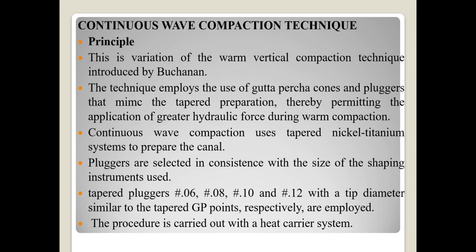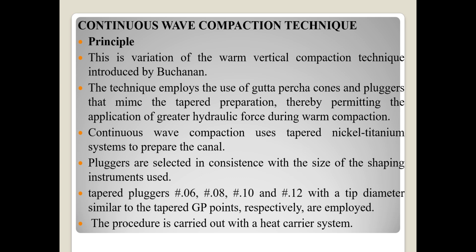Continuous wave compaction technique. The principle involves a variation of the warm lateral compaction technique introduced by Buchanan. The technique employs the use of gutta-percha cones and pluggers that mimic the tapered preparation, thereby permitting the application of greater hydraulic force during warm compaction. Continuous wave compaction uses tapered rotary systems to prepare the canal.